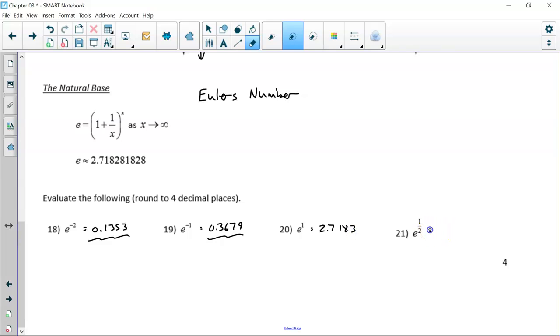And e to the 1/2 is about 1.6487. e is a constant. Just like pi is a constant, e is a constant. Just happens to be a special name for a number.